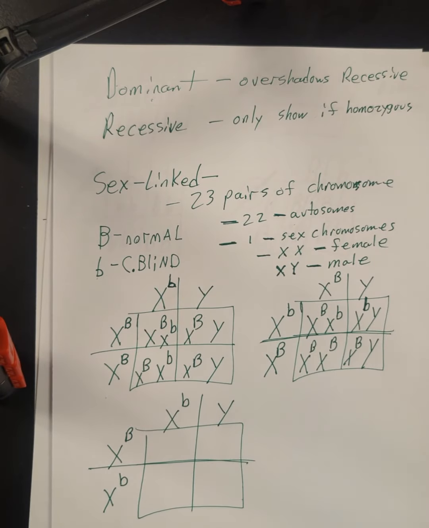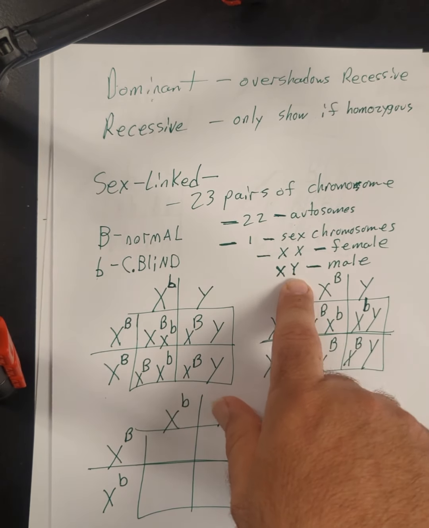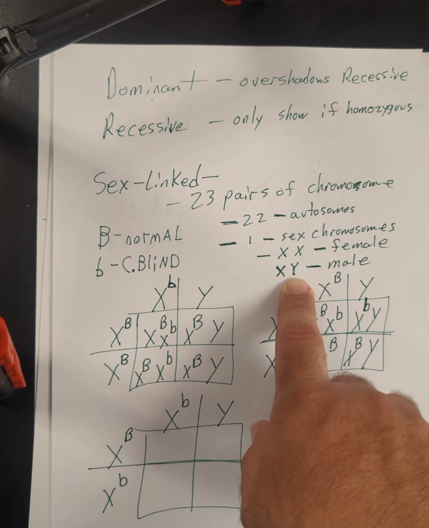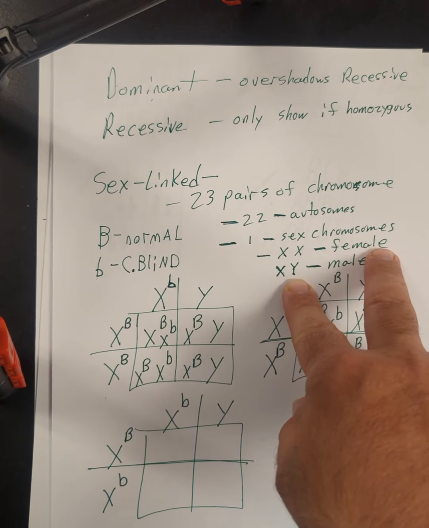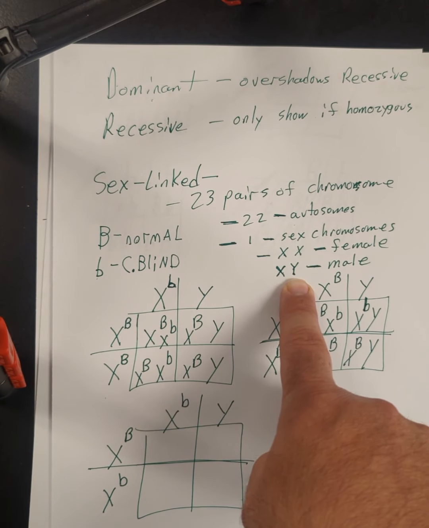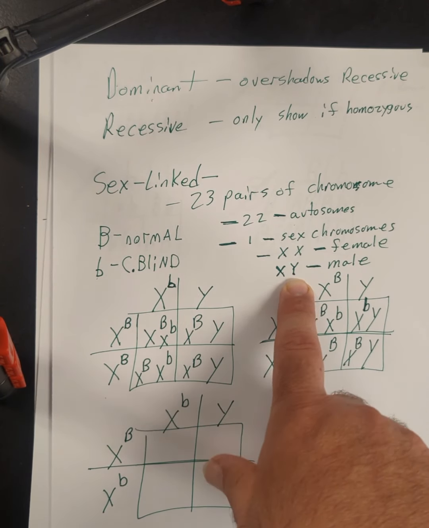Okay? And so what happens is sometimes there'll be a gene that is only on the X chromosome or only on the Y chromosome. Now, if it's only on the Y chromosome, only men will have it. Okay? You can't be a genetic female and have a gene on the Y chromosome because you don't have a Y chromosome.